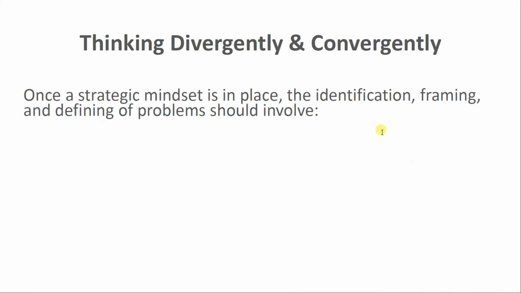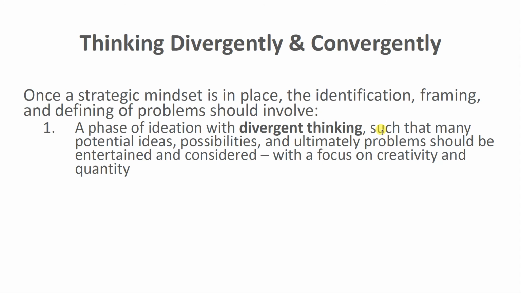Now, in terms of thinking divergently and convergently, once a strategic mindset is in place, the identification, framing, and defining of the problems should involve the following. First, a phase of ideation with divergent thinking. And what does this mean? Well, this means that in ideation with divergent thinking, many potential ideas, possibilities, and ultimately problems should be entertained and considered, with a focus on creativity and quantity.